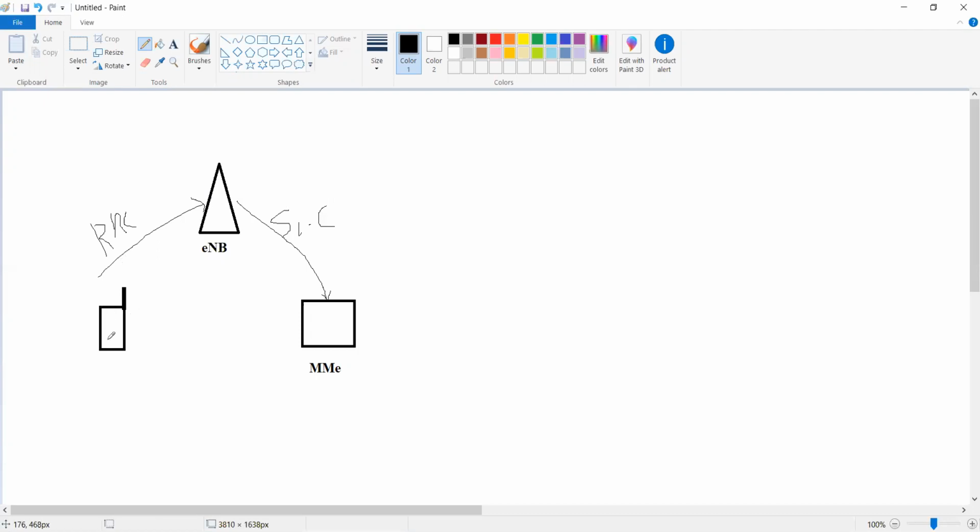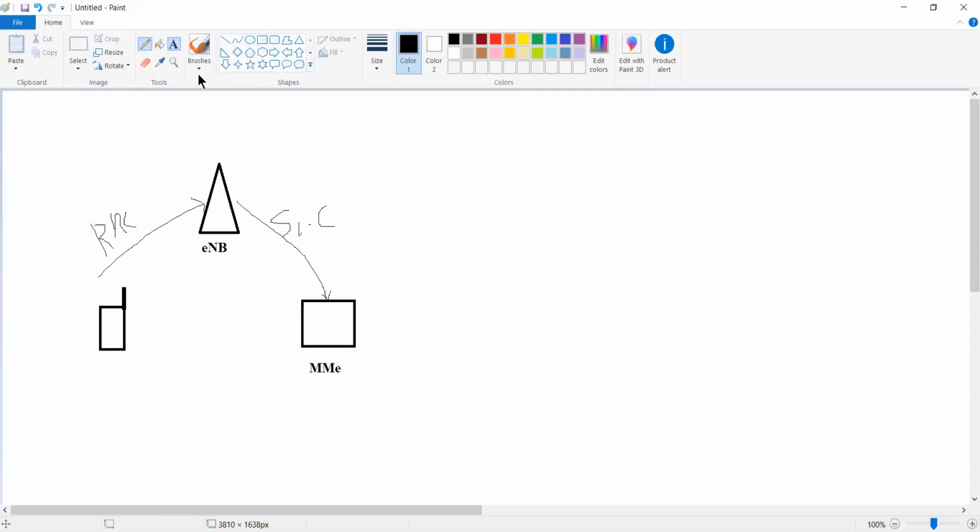In order to save battery, UE chipset companies design some algorithm. When you are not using your UE, there is no need to be connected with eNodeB or MME, right? So when this S1C connection goes, it is called ECM idle.